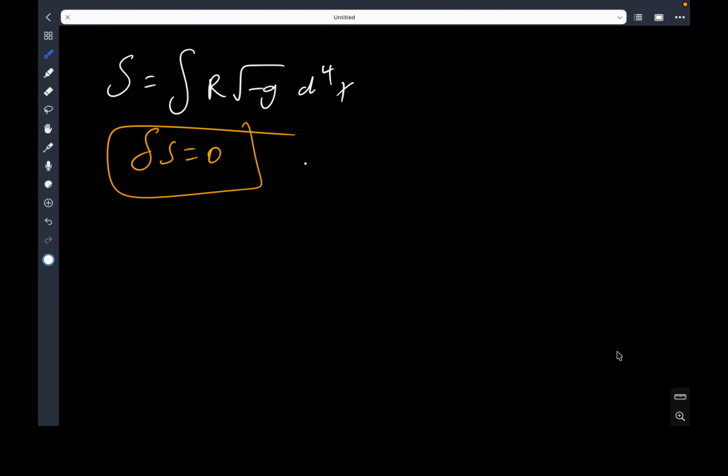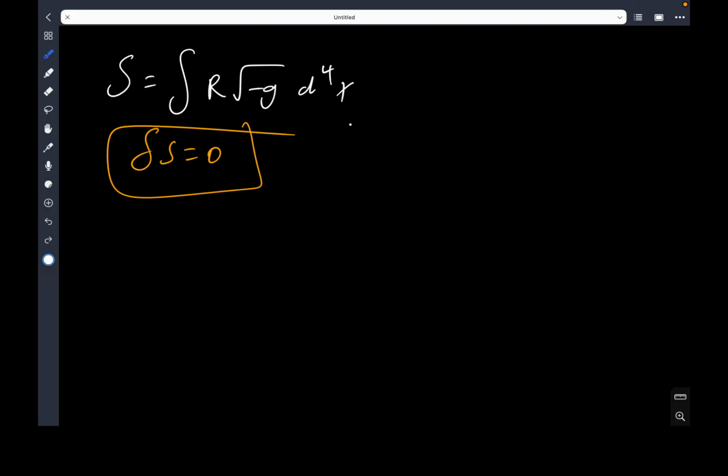But you must know that this is really hard to even understand, let alone derive. So you should know Lagrangian mechanics. You should understand what delta S equals 0 means.